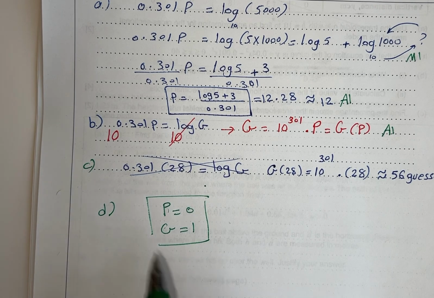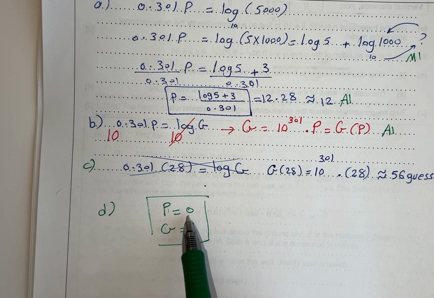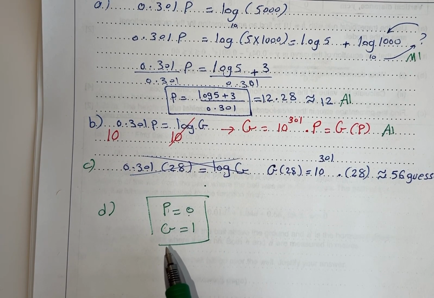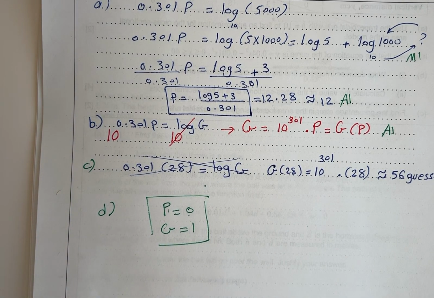That means if the entropy is 0, then there are no digits, then the guess is 1. There is only one guess to find the password. But that, again, doesn't make sense. I hope you enjoyed this video.